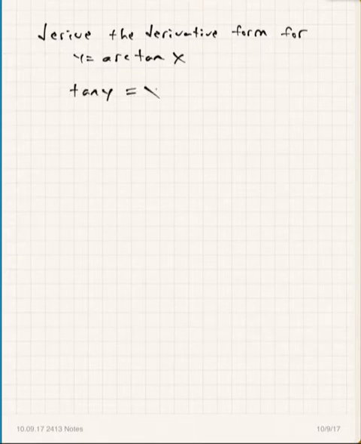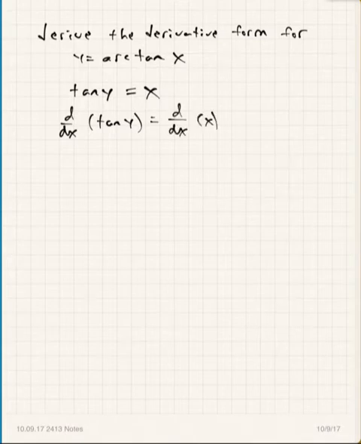So we have tangent y is equal to x. And then we differentiate both sides of this statement with respect to x, just like we did with arcsine a couple of screens ago. Remember that this is implicit differentiation, and so you have to use the chain rule.